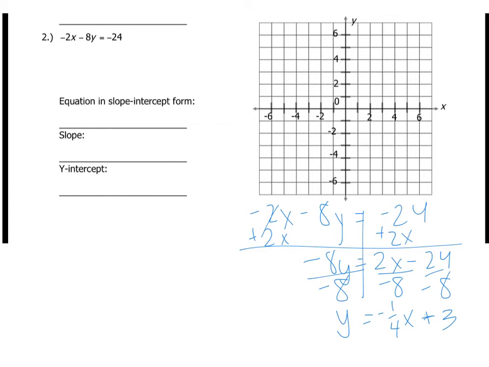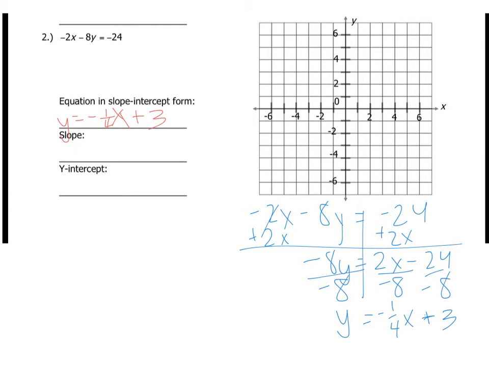Please notice that I have a positive 2 over negative 8, which reduces down to negative 1/4. And I have a negative 24 divided by negative 8, which reduces down to positive 3. So now let's look at our equation, which became y equals negative 1/4 x plus 3.